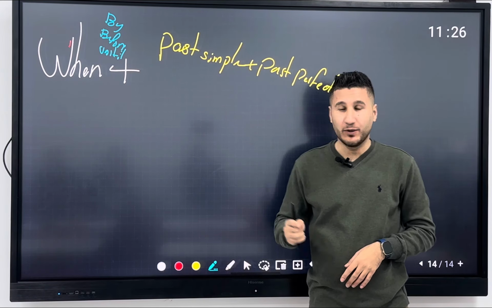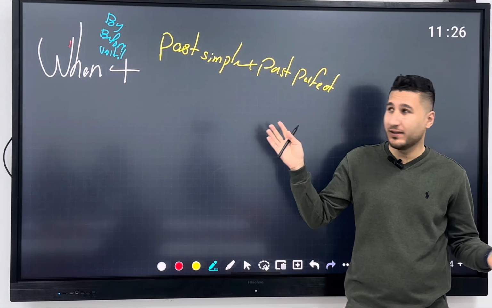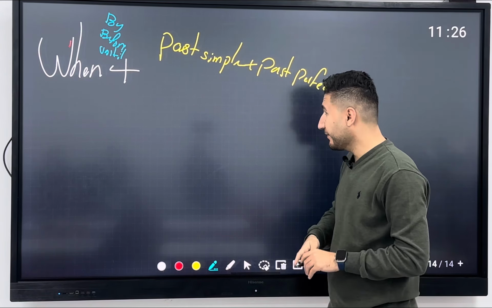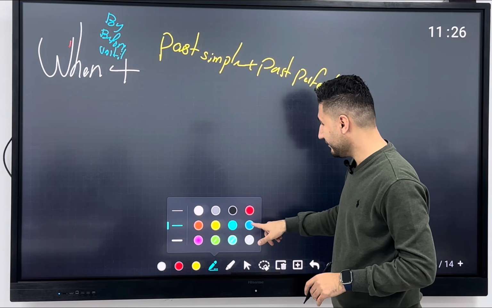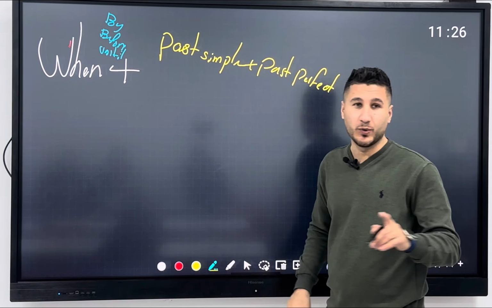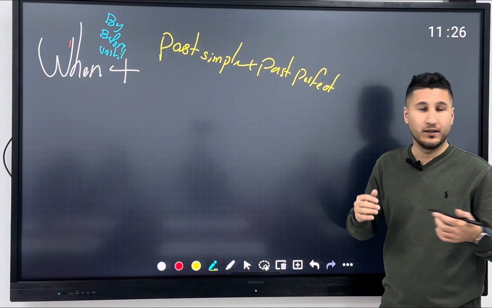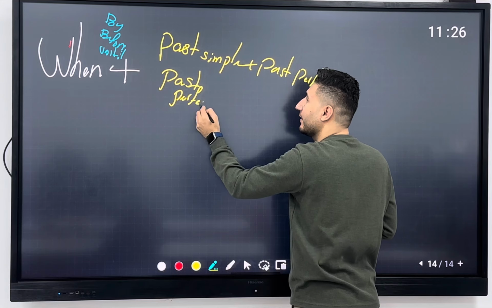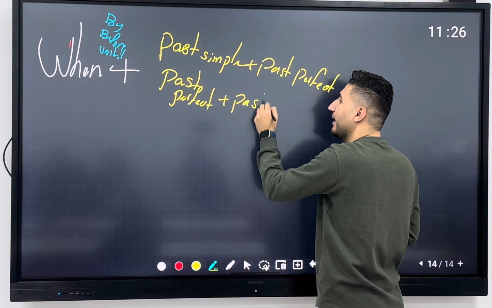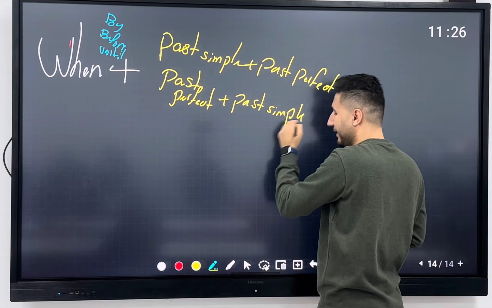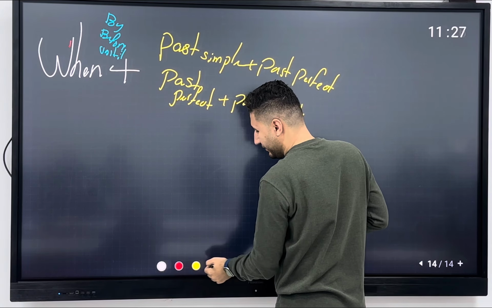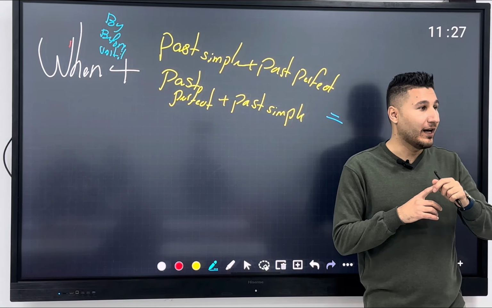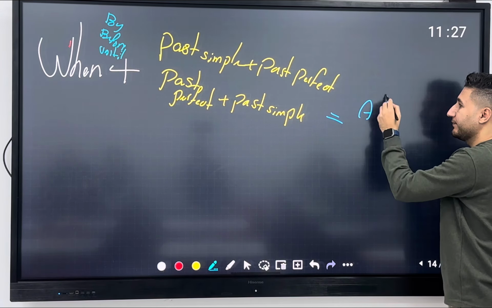I'm not going to tell you the detail of the tenses because we already know it. And rule number 2. What is rule number 2, guys? Vice versa. Past perfect plus past simple. In this case, when is equal to after and because. They have the same rule.